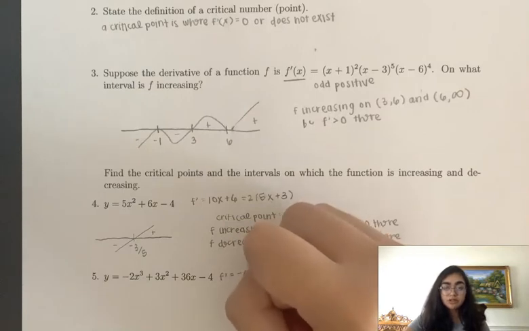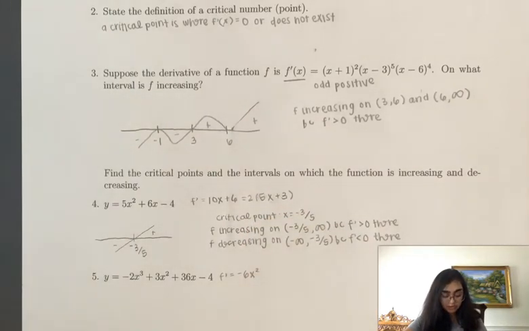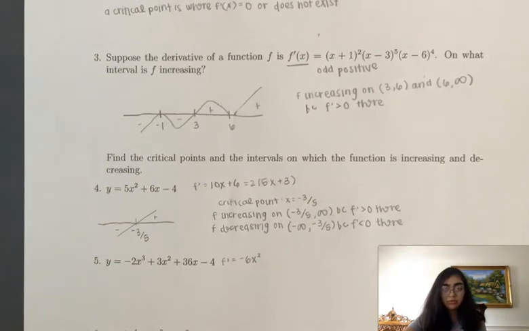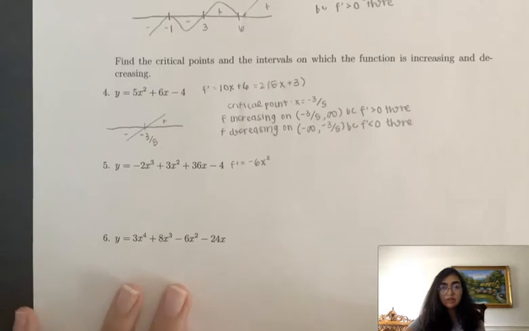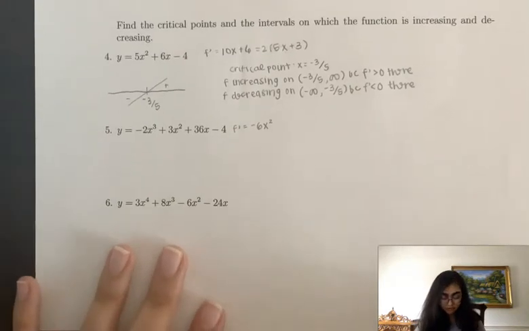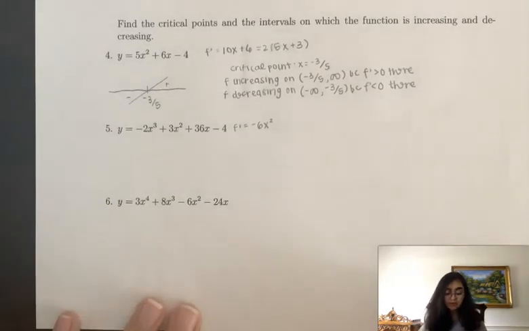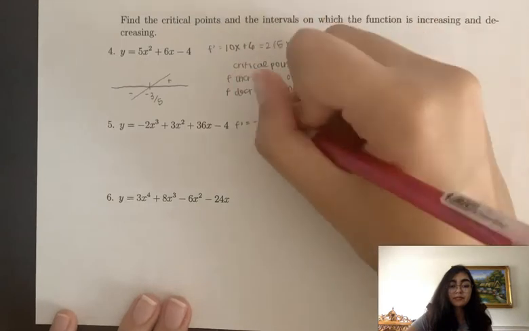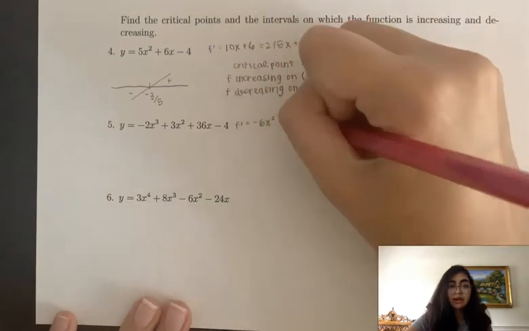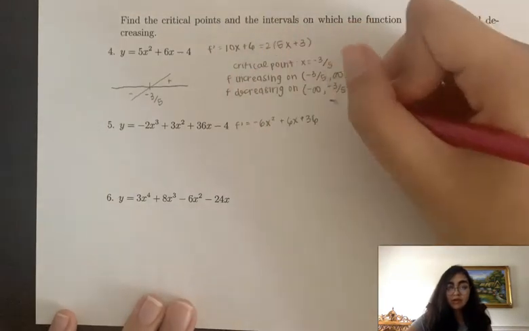So moving on to the next one, we're going to take the derivative of the y equation, and that's going to give us f prime equals -6x squared plus 6x plus 36. And then we can actually factor that a little bit.